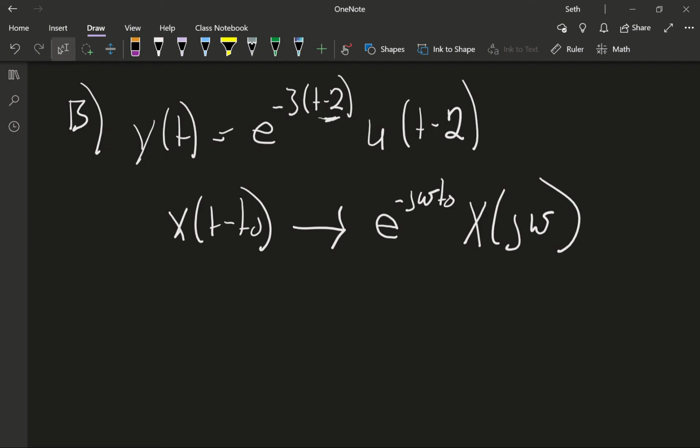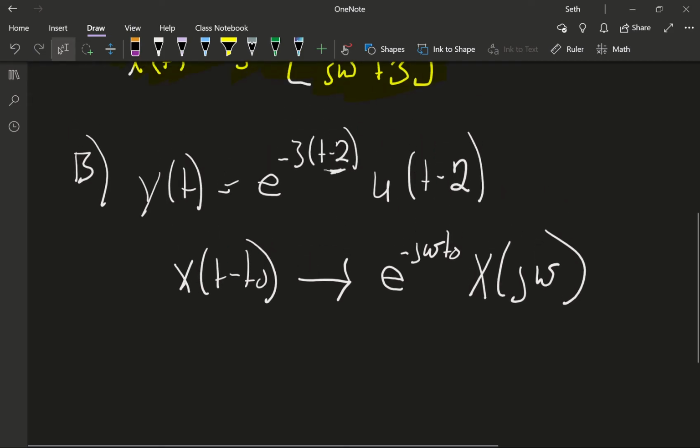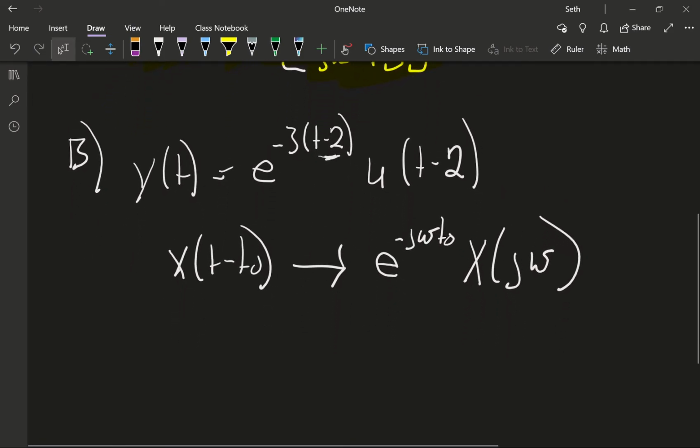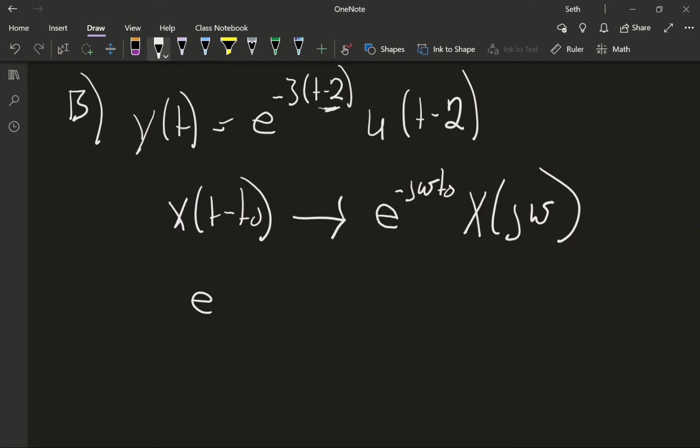Okay, so now we can just apply, we know from the past example that e to the a t u(t) goes to 1 over j omega minus a.